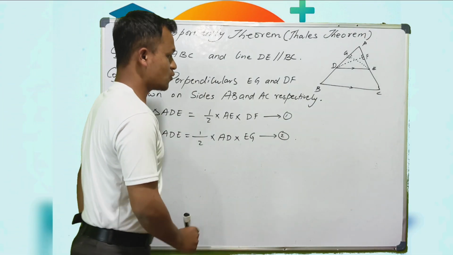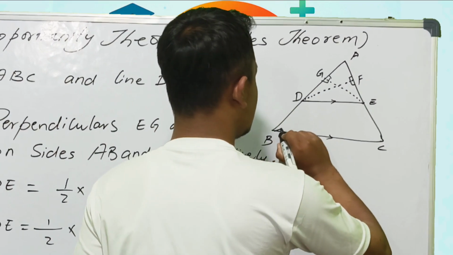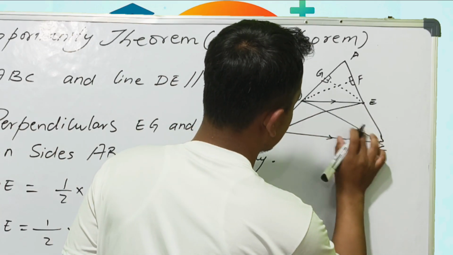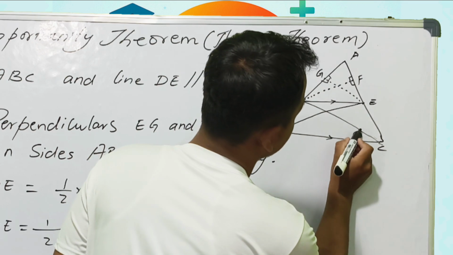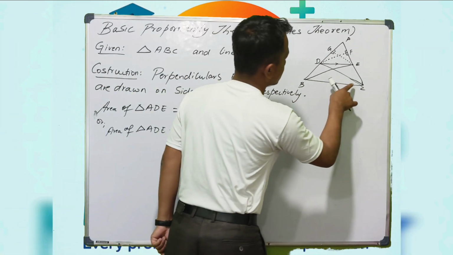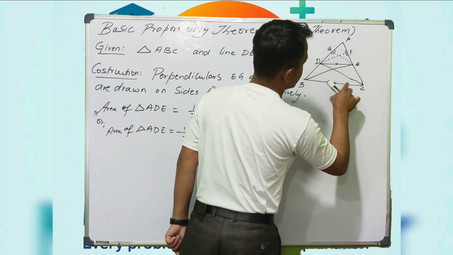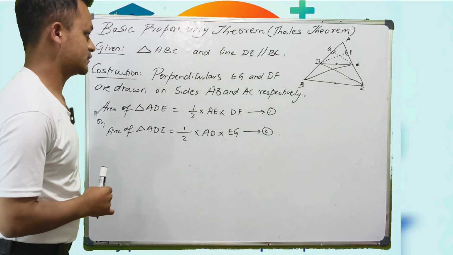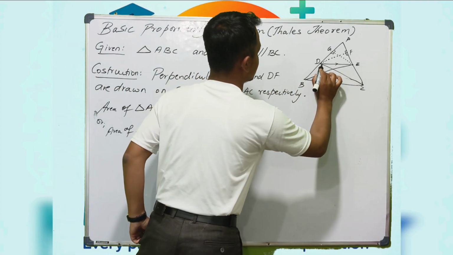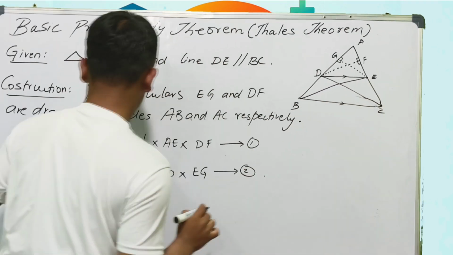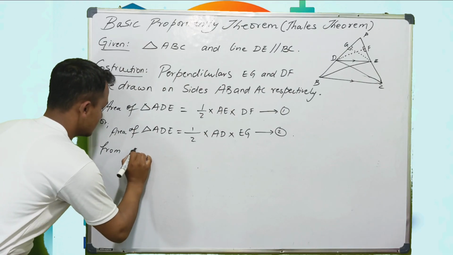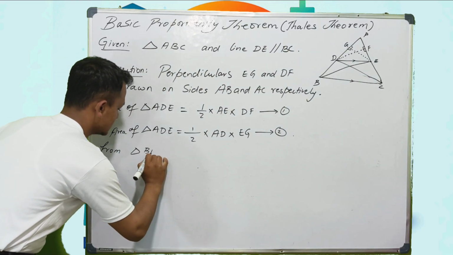Okay, so now let us join BE and CD. Join BE and CD. Now consider this triangle BDE.